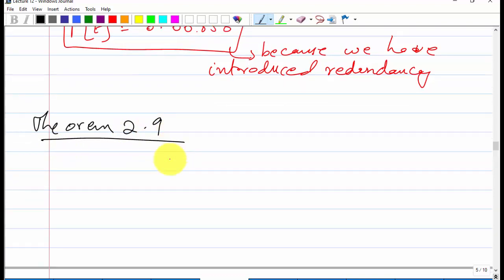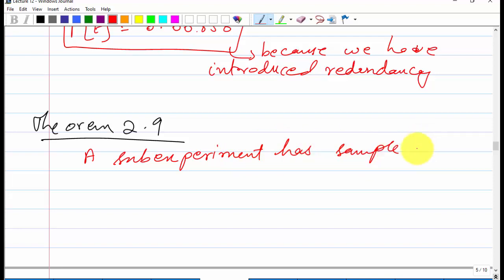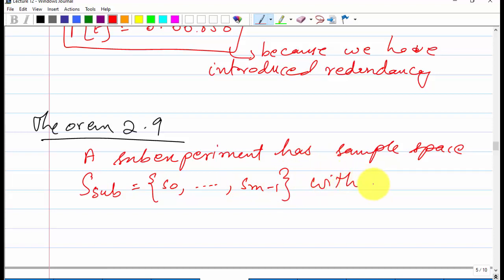So it says that a sub experiment has sample space S, which is equal to S naught up to S m minus 1, the same as we have defined previously for the multinomial coefficients, with the probability of each Si being Pi.